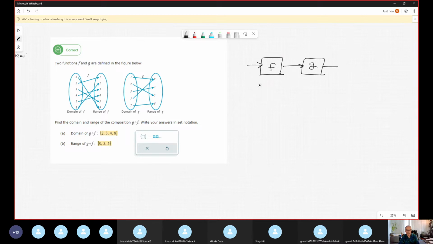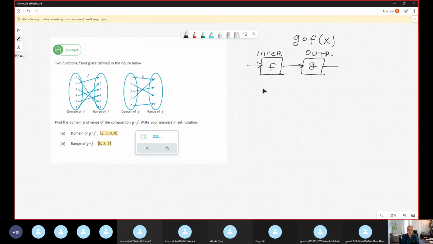So basically, it is g composition f. Remember, you copy the name of the first function, the inner function is f, and the outer function is g. This is completely different if you interchange the names of the functions. So in general, it's not the same.